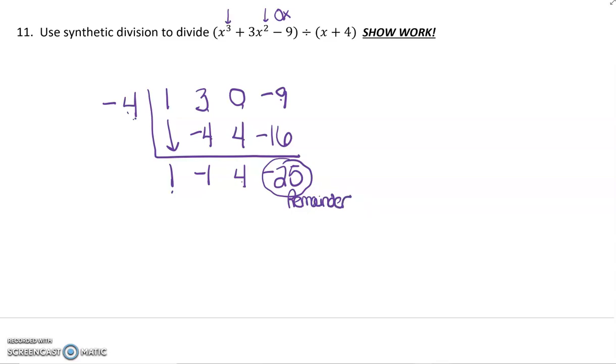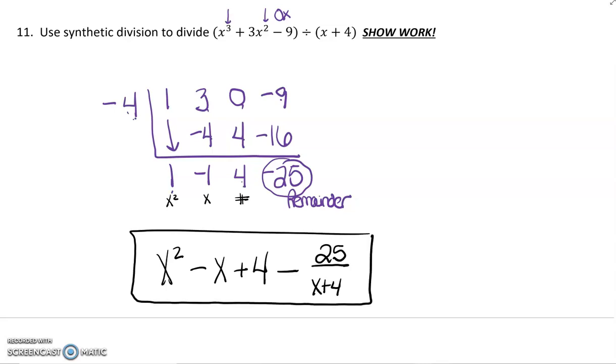So our answer, if this is our remainder, the 4 is our number term, the negative 1 is the x term, and the 1 is the x squared term. So you start with the remainder, and to the left of that is the number, to the left of that is x, and then x squared, and then you continue if necessary. So our answer is x squared minus x plus 4, and our remainder is minus 25 over what we originally divided by.